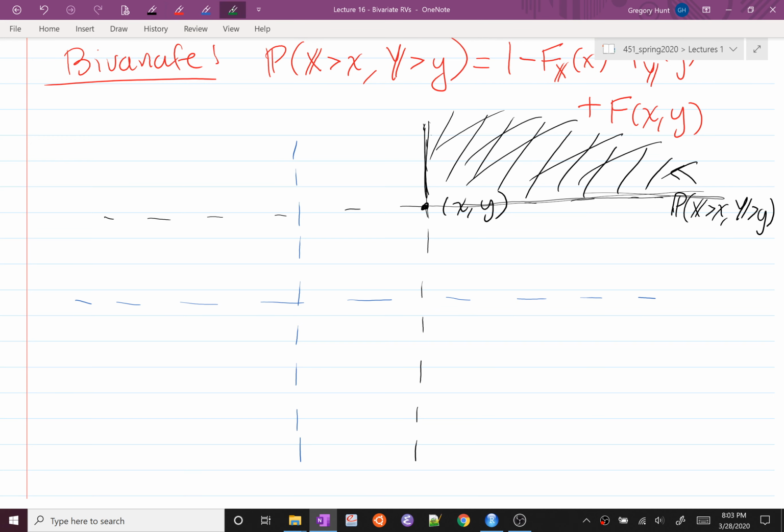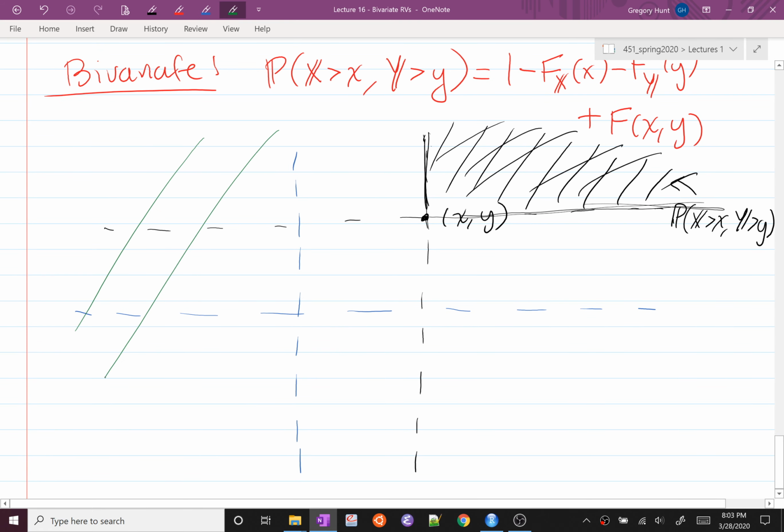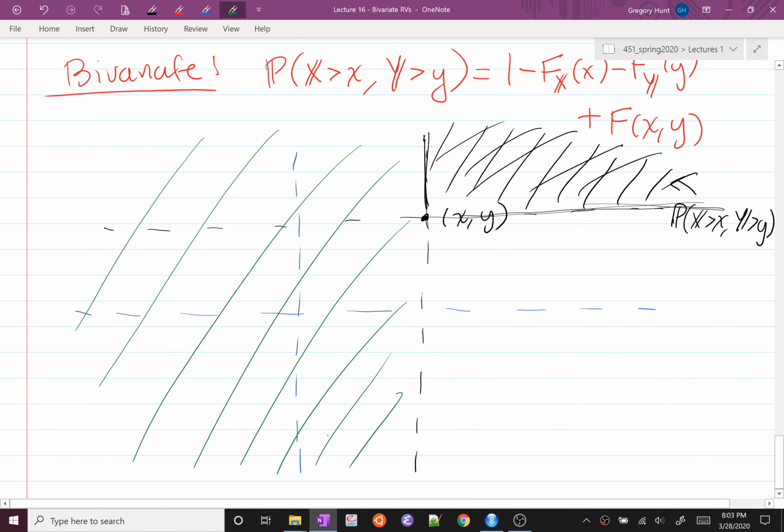What I could do is calculate the probability of being less than this little x. So this green area is the probability that x is less than or equal to little x, which is my marginal CDF of x. Why is that true? Because it's the probability that my random variable x is less than or equal to little x. It's all the area less than or equal to my x coordinate here, and I don't care about my y coordinate. The y coordinate can be anywhere.